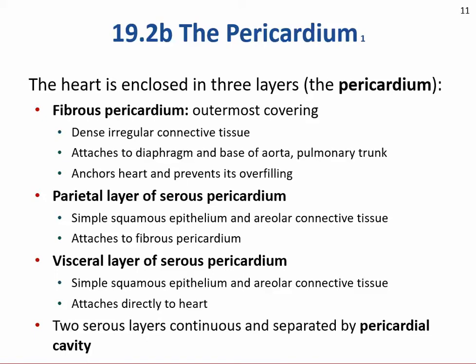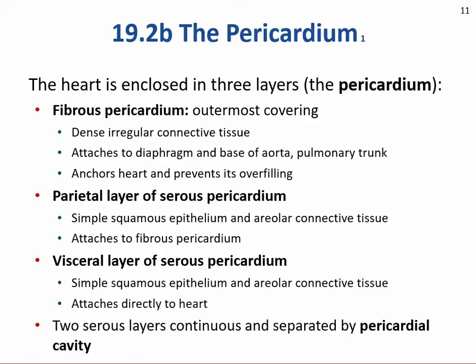And in between the two layers is a space, and in this case it's called the pericardial space because it's the space in the pericardium, and it's filled with pericardial fluid, which is made by the serous membrane.